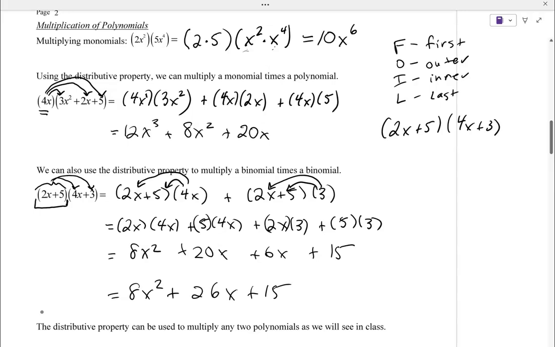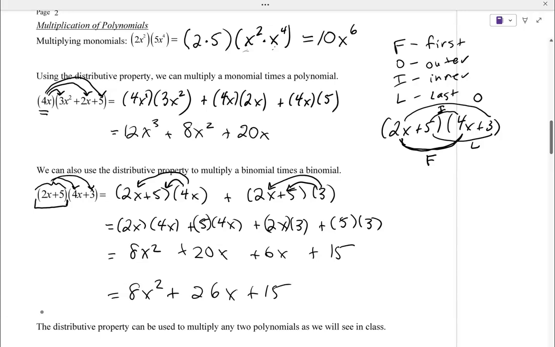This would be your firsts, the first term in each binomial. The outer in the binomial. The inner in the binomial. And the last in the binomial. So this is your FOIL.